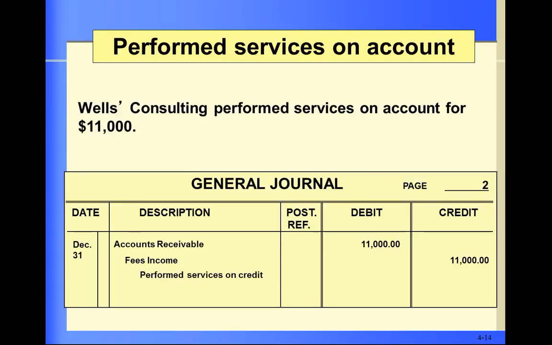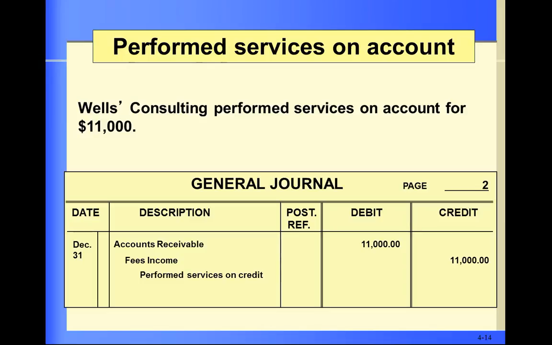In the next scenario, we're going to do work again, but this time we're going to extend credit to our customers and allow them to put that bill on their account. So we're going to use an account called accounts receivable. This is the account where we keep track of the money that people owe us. This is what we're expecting to be paid in the future.